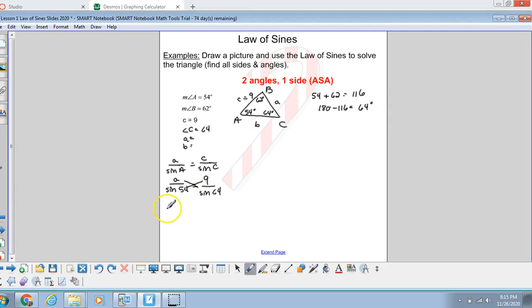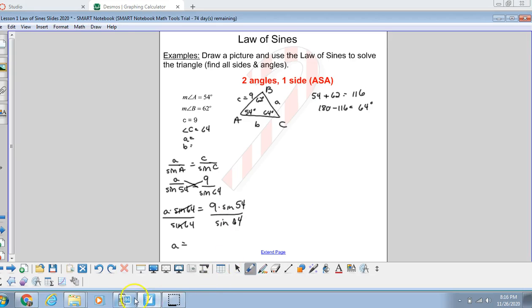We're going to get a times the sine of 64 is equal to 9 times the sine of 54. And when we divide by the sine of 64 on both sides, we will get that a is equal to 9 times the sine of 54 divided by the sine of 64.